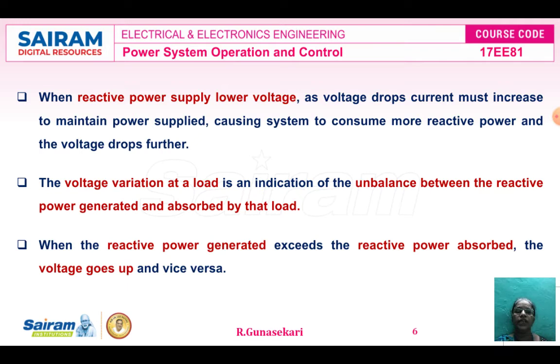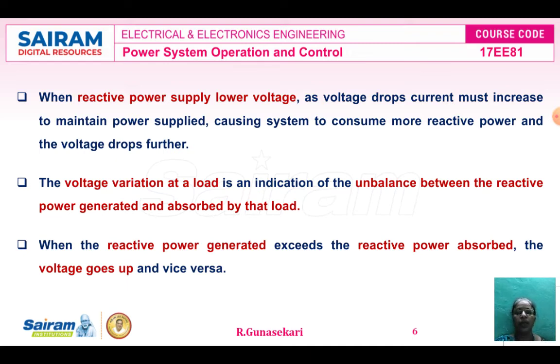Suppose there is a voltage variation at a load. How can we interpret the voltage variation at the load? It indicates the unbalance between the reactive power generated and absorbed by the load.